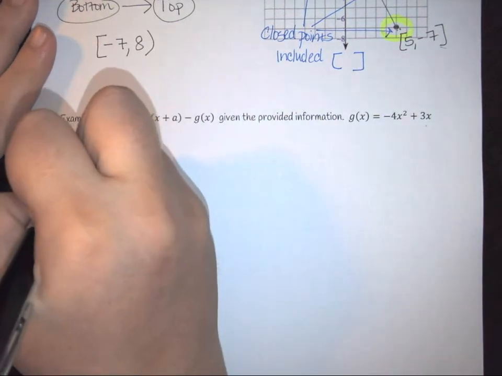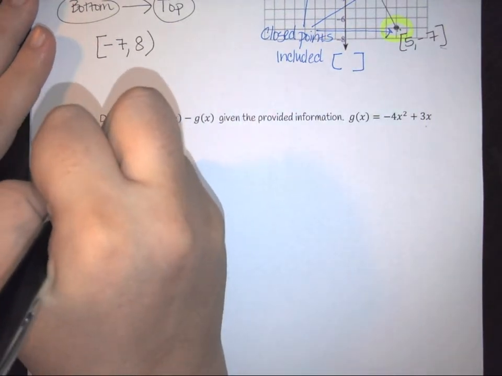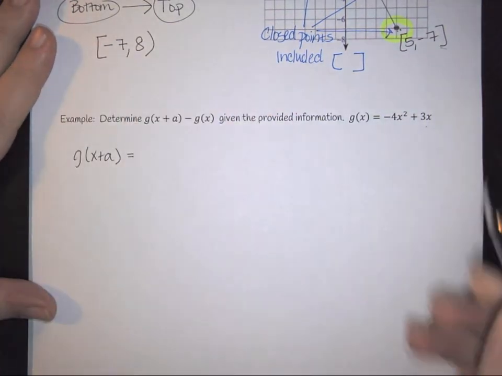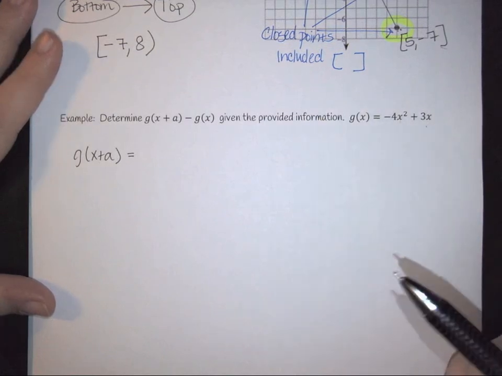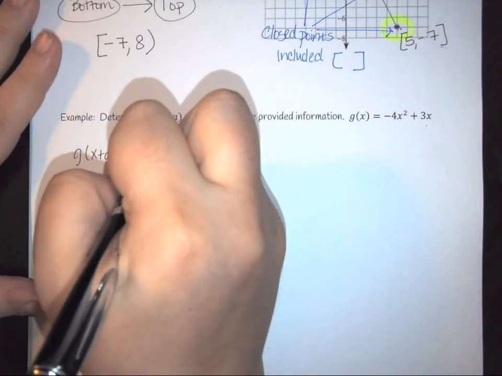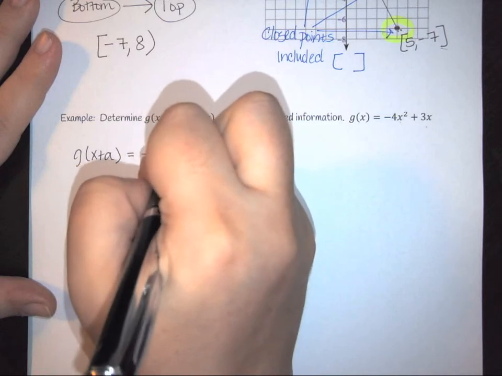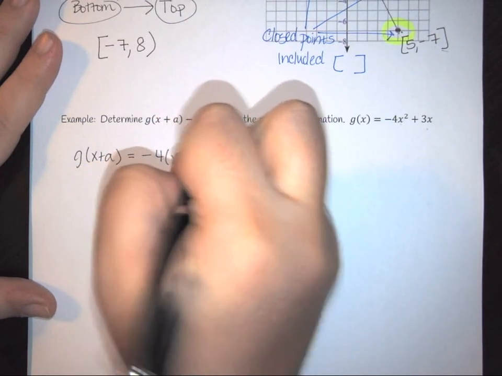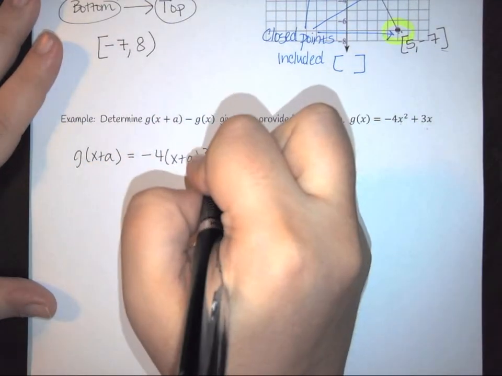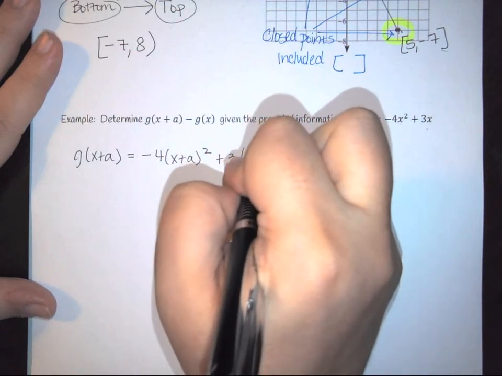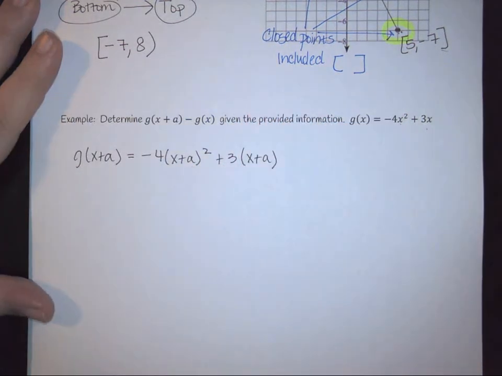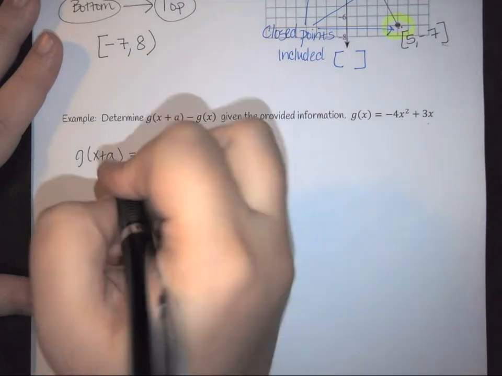So here we have g of x plus a, and so anywhere we have an x, we need to input that x plus a. So this is going to be -4 times (x plus a) squared, and then we have plus 3 times (x plus a). We need to go ahead and simplify this.